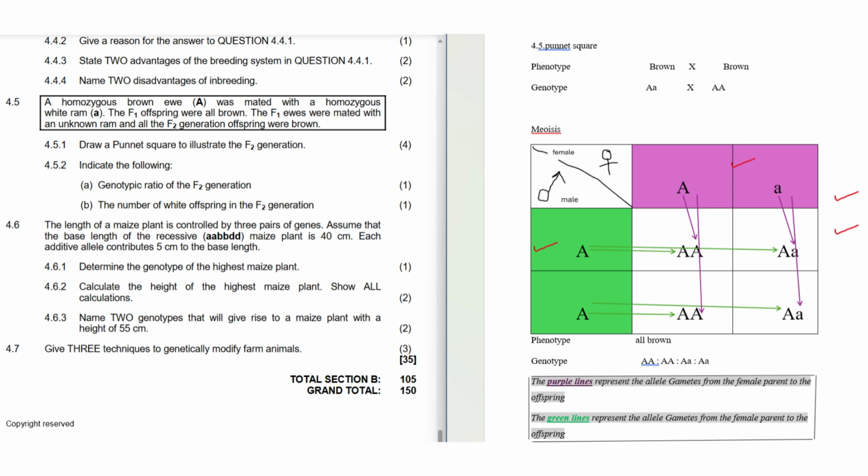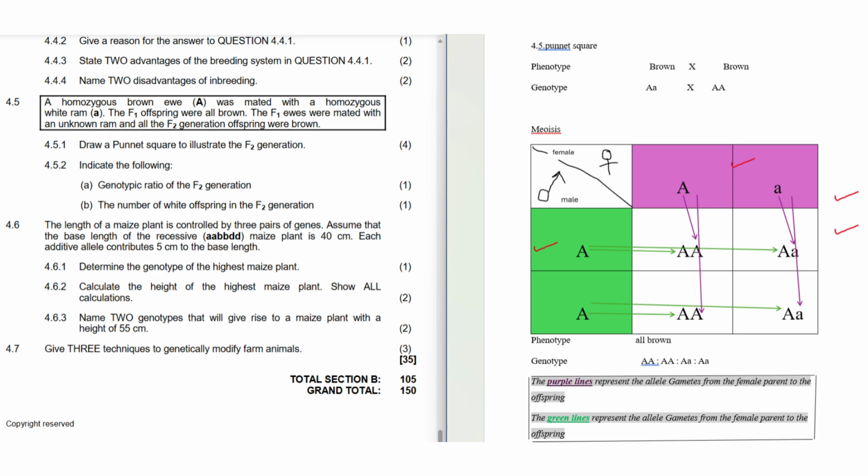And we take another dominant allele from the male parent, to mask the recessive allele that we're going to get from the female parent.